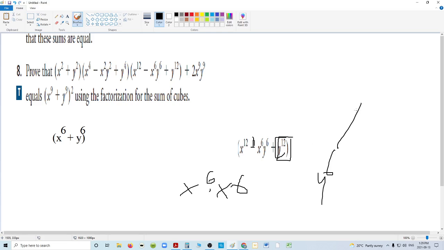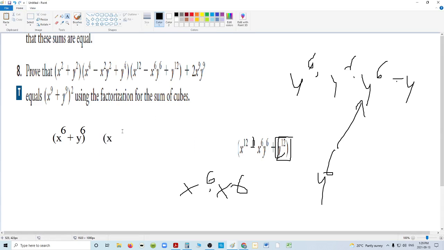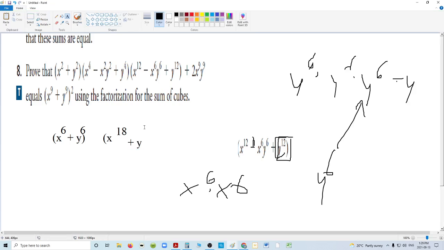Now I have to figure out what's the cube root of that. What is y to the 6 times y to the 6 times y to the 6? Well, you add the exponents. It's y to the 18. And same with x to the 6. It's x to the 18. So this second one, I'm essentially multiplying it by x to the 18 plus y to the 18, right?